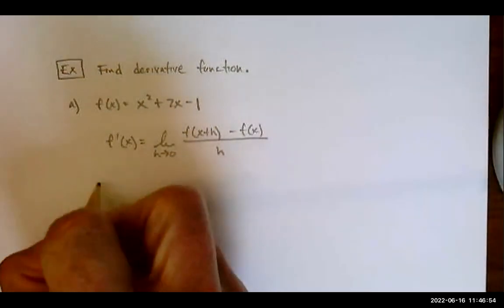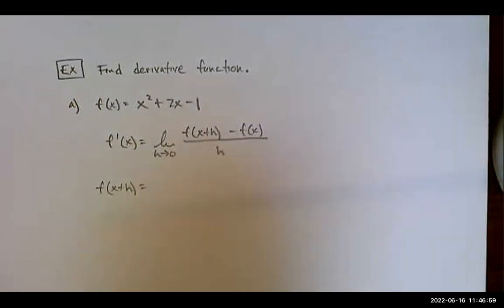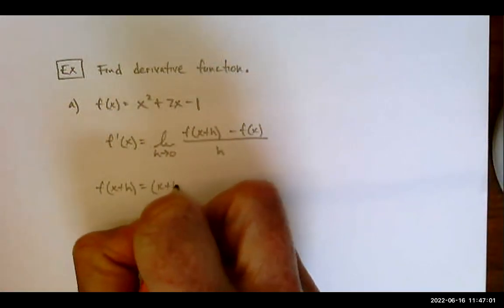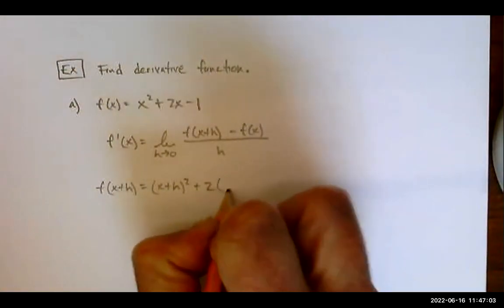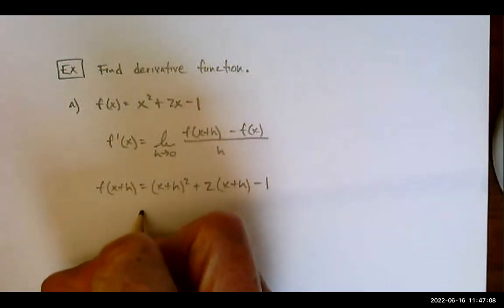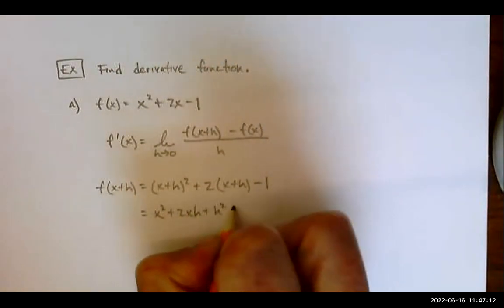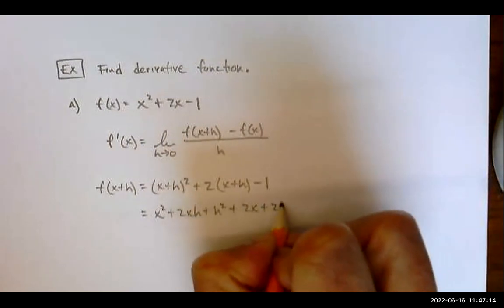Let me do the f of x plus h kind of to the side. So here that'd be x plus h squared plus 2 times x plus h minus 1. X squared plus 2xh plus h squared plus 2x plus 2h minus 1.